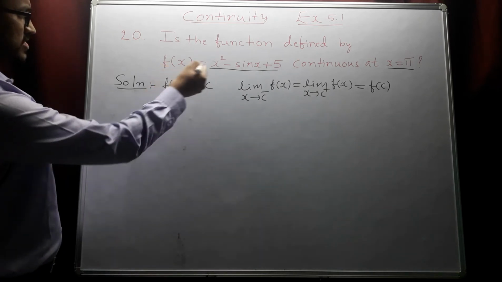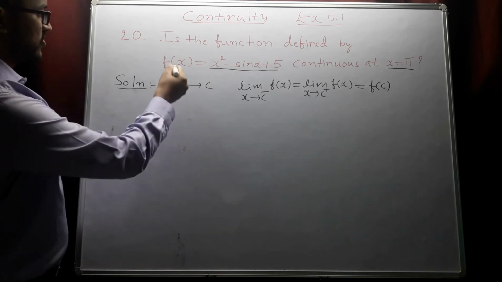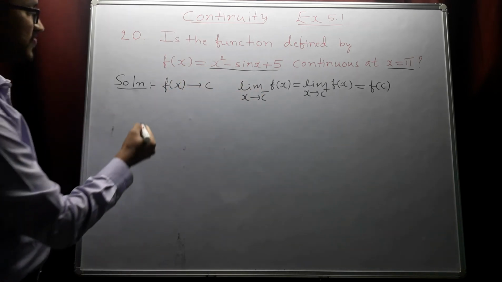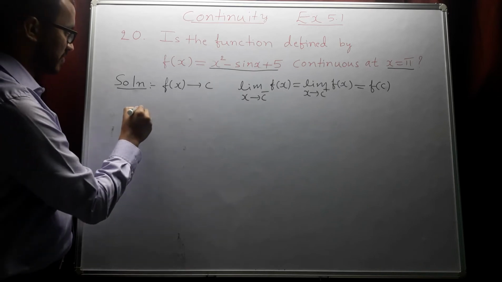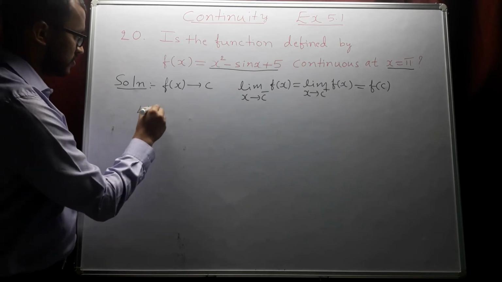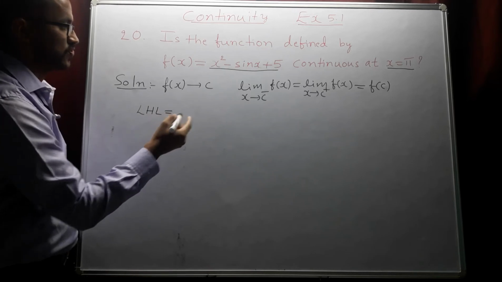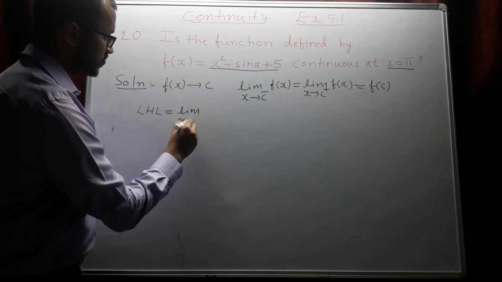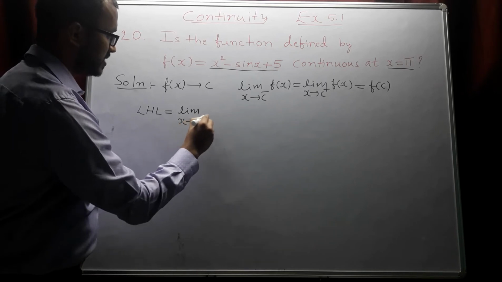So let us check the continuity of this function by using this. First consider the left hand limit. Left hand limit is equal to limit x tends to π minus f(x).